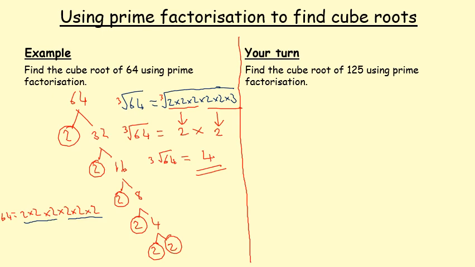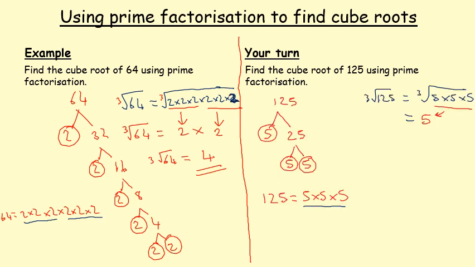Now, have a go at the question on the right and just pause the video now. Okay, and I'm going to show you the answer to this now. Remember, we're looking for triplets of prime factors, and that only in this particular case. So this one's actually a little bit simpler than the example on the left.